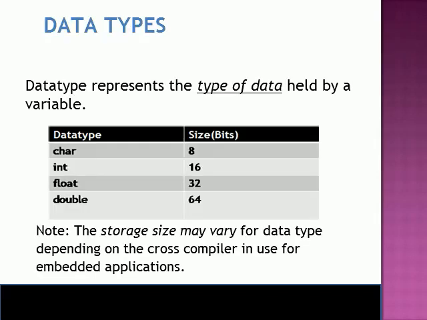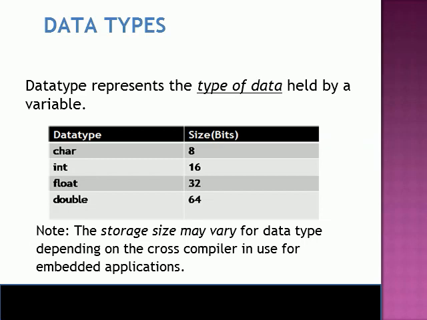Now, data type. A data type represents the type of data held by a variable. As we know, embedded C software uses four data types that are used to store data in memory: character, integer, float and double.